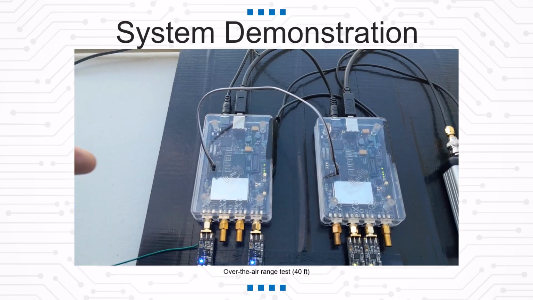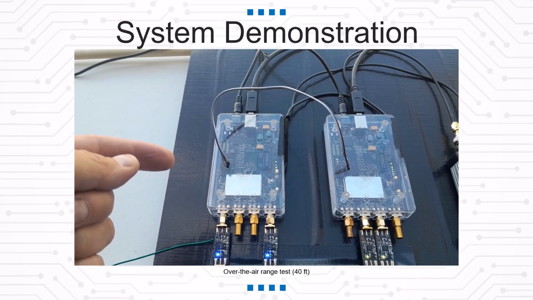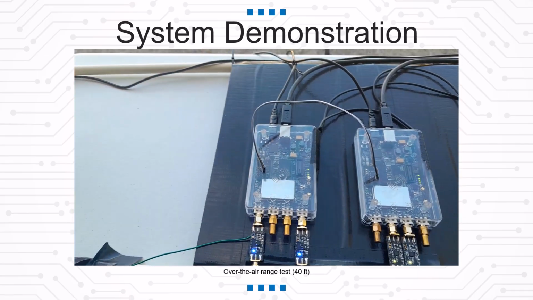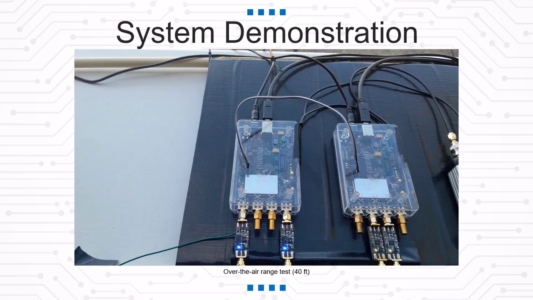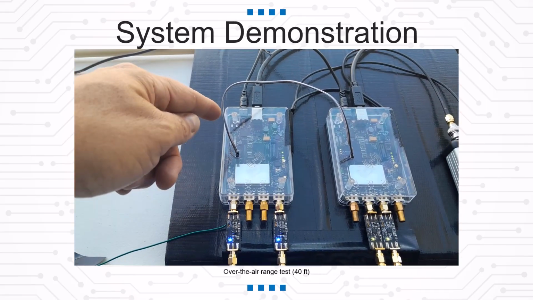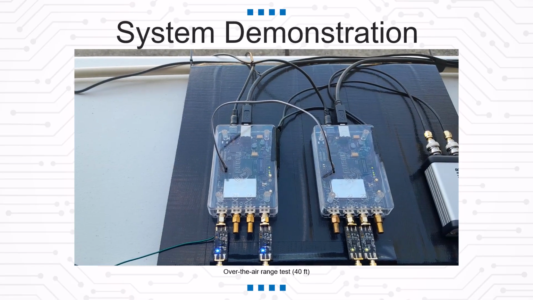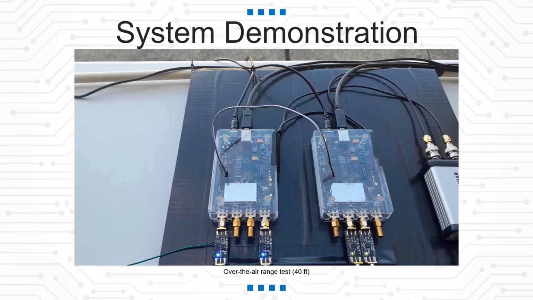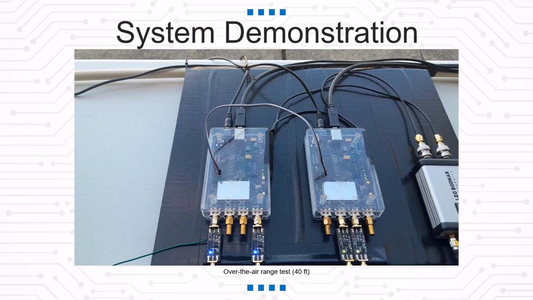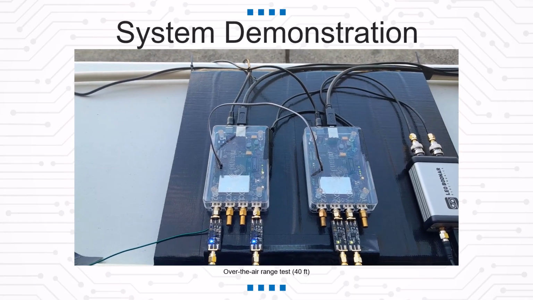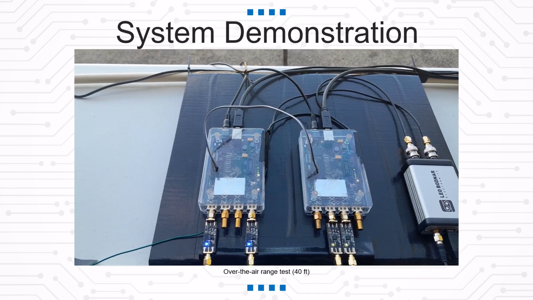On the left is the master, and on the right is the slave. The master sends out the waveform, and this cable connects the two through GPIO pins and triggers both devices at the same time. So the transmit and receive happen simultaneously.